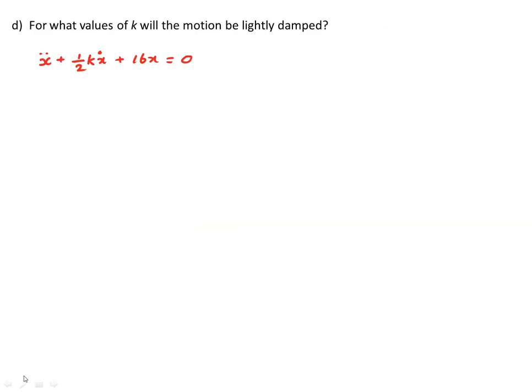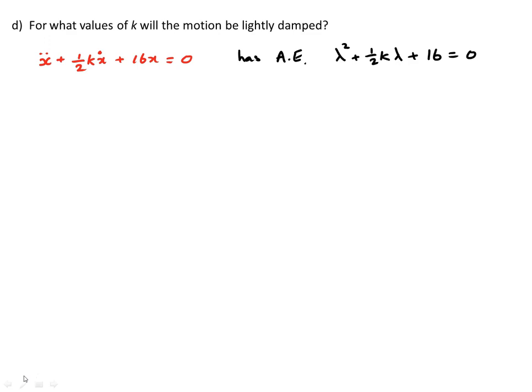And for the final part of the question, we're asked for what values of k will the motion be lightly damped. So our differential equation was d2x dt squared plus a half k times dx by dt plus 16x equals 0. The auxiliary equation is lambda squared plus a half k lambda plus 16 equals 0.